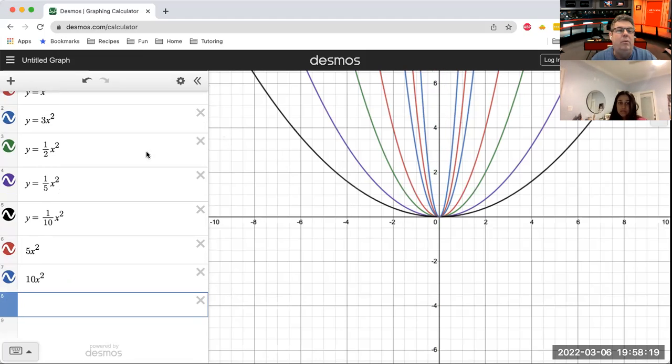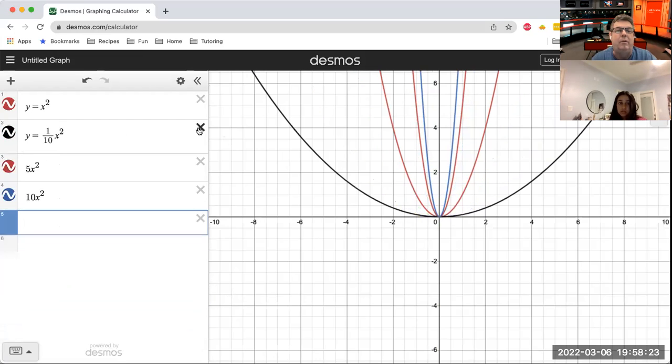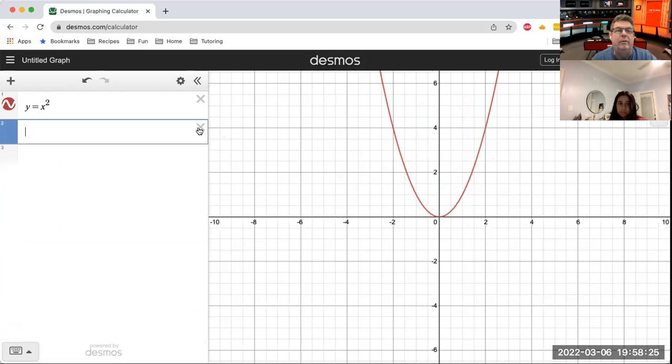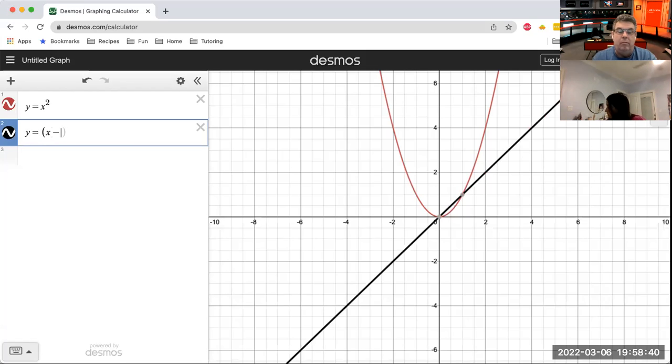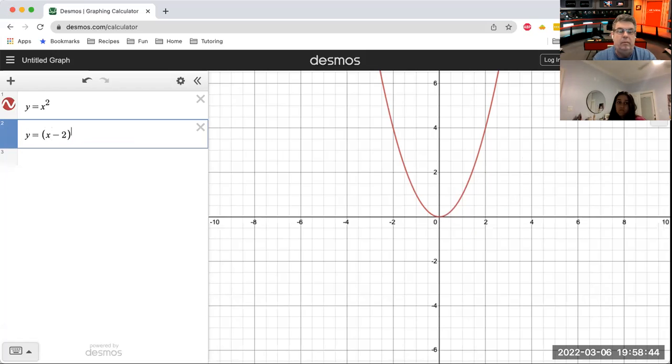Okay. And then I want to do the same thing. Let's get rid of these disgraceful parabolas. So if you look at question 5, we had x squared, and now we're going to have y equals x minus 2 squared. So do you see how that moved it 2 units to the right?